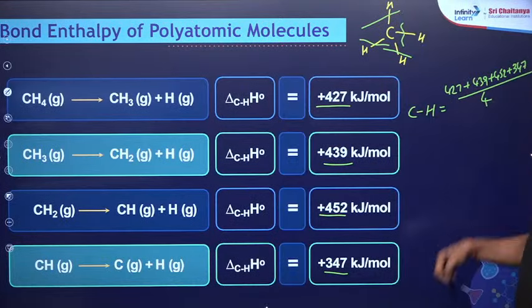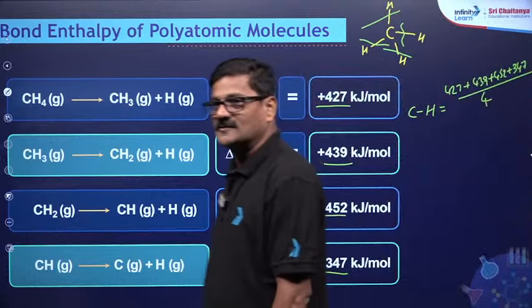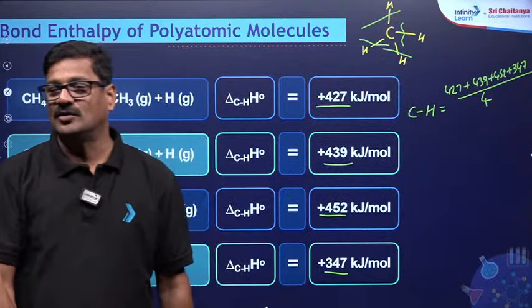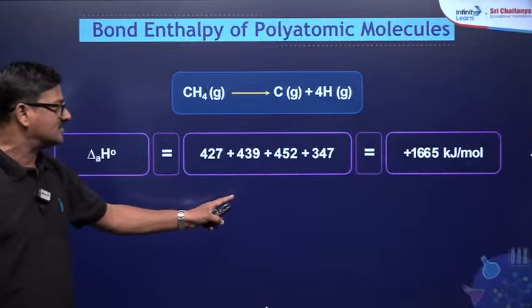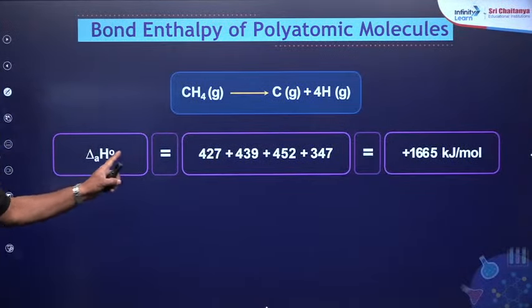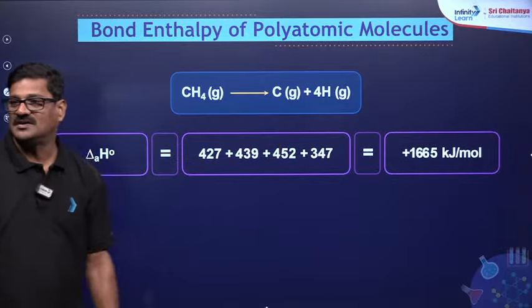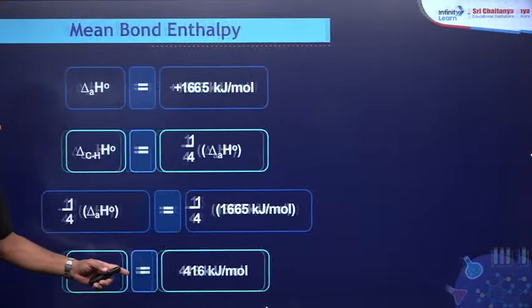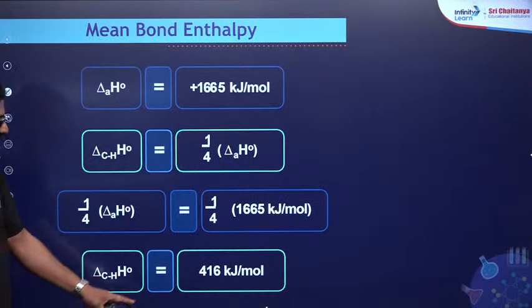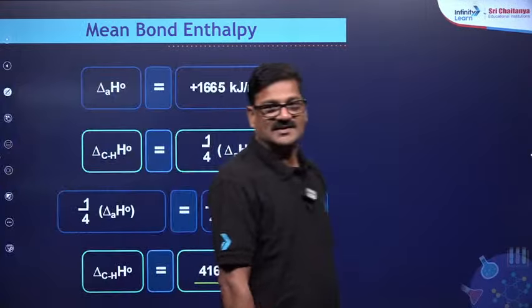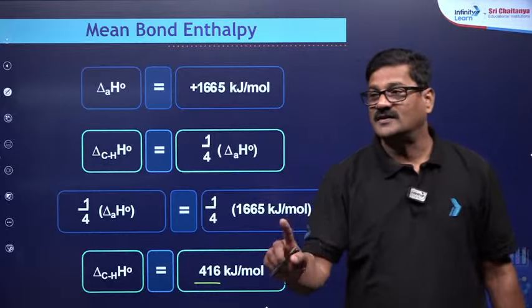So there are 4 bonds to be broken. So for a polyatomic molecule, you have to take the average bond dissociation energy. So the overall energy to break these 4 bonds is going to be this much and has to be divided by 4. So that is going to be 416, the average bond dissociation energy.